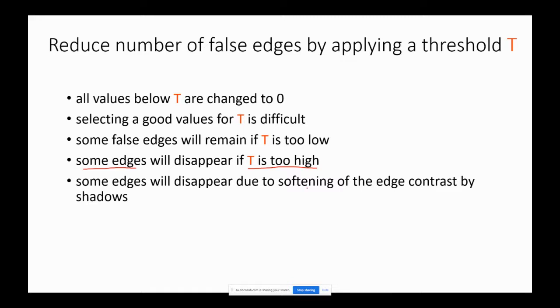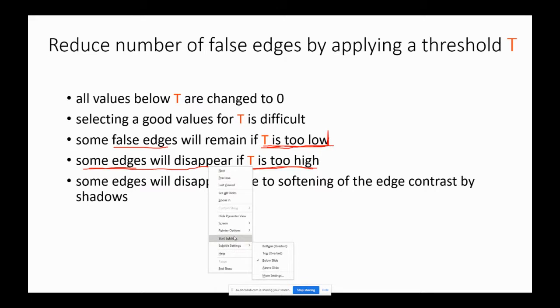Right? So what do we do? We keep two thresholds. One low threshold is going to get anything above a certain level, even though keeping some false edges, and a high threshold is going to filter these false edges and get some of the real edges, but some of the edges will disappear from that.